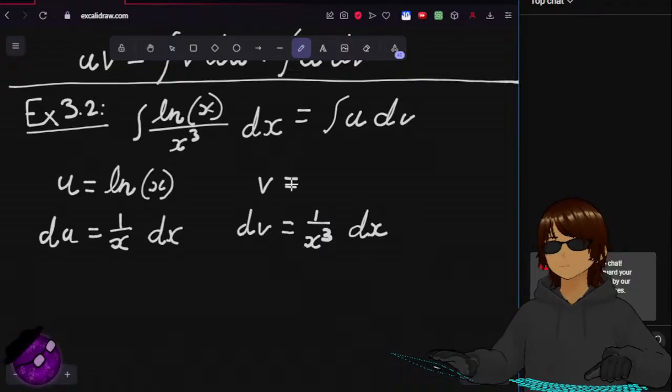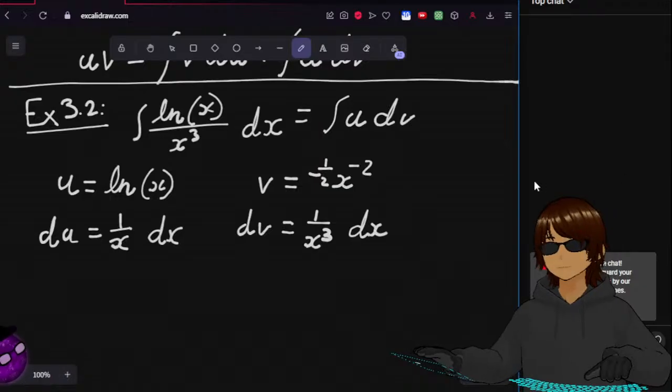So then v would be 1, no, negative 4 x to the power of minus 4. No, negative 1 over 4. We derive this, wait, let's do negative half. Yeah, so if I multiply this and then subtract 1, I get this, right? So then, hold on.